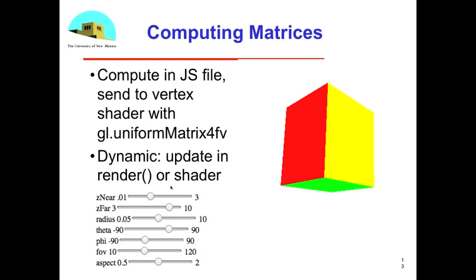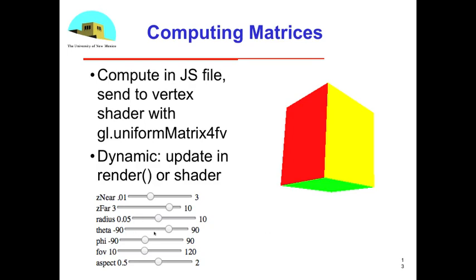It lets you fool around with the views, but I think it also shows that the interface could be done in a much more natural way. Here I'm adjusting the field of view. Here I'm adjusting the aspect ratio, so I can make this cube into more of a parallelepiped.